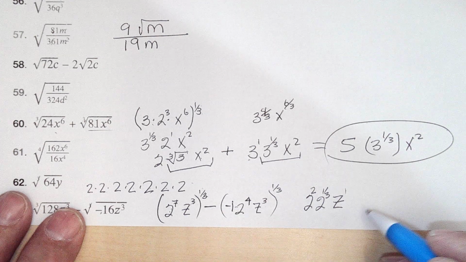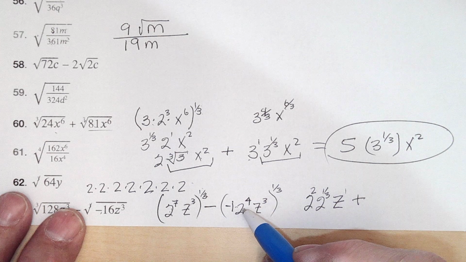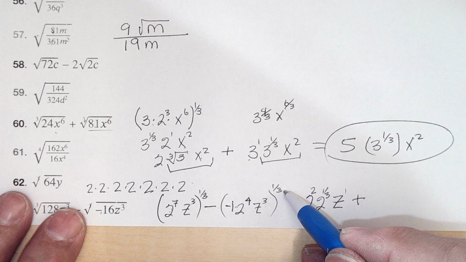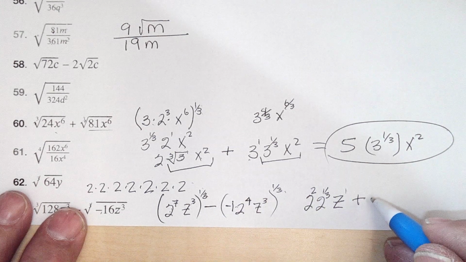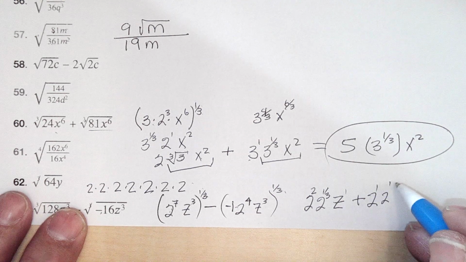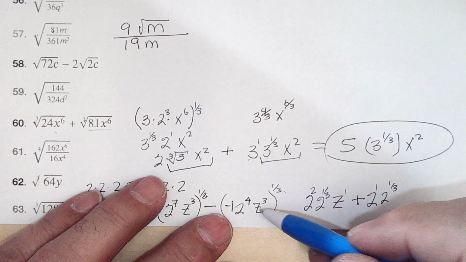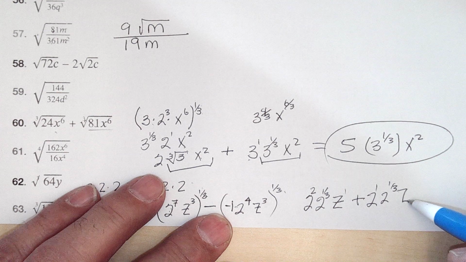Minus a minus, so that's plus 2 to the 4/3, which is 2 to the 1 and 2 to the 1/3, and z to the 1.